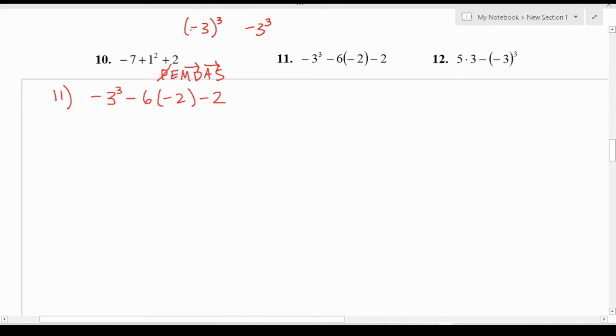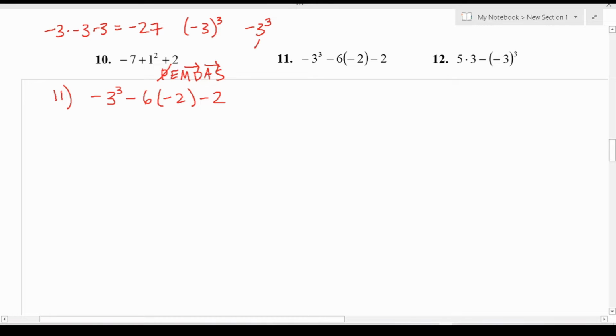Again, this says that the negative with 3 is being cubed. So that's going to be negative 3 times negative 3 times negative 3, which is going to be negative 3 times negative 3. That's going to be positive 9 times negative 3 is going to be negative 27.